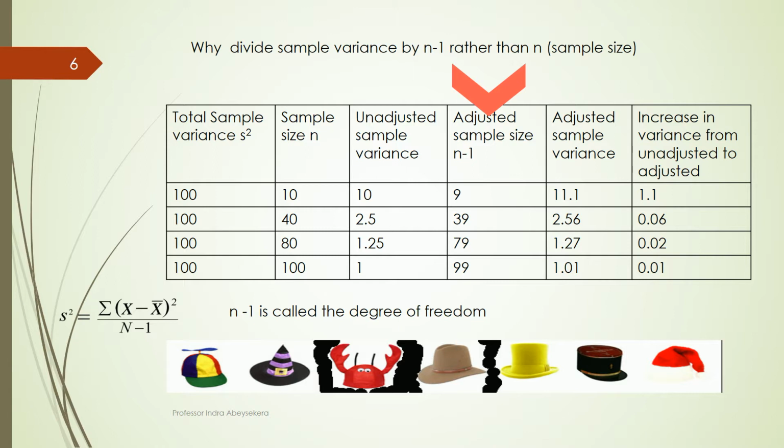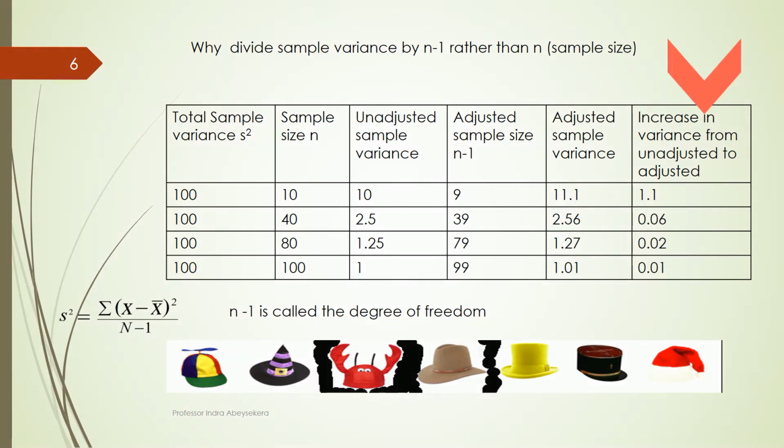Now let's look at the adjusted sample variance by dividing the total sample variance by the adjusted sample size. Now that we have got unadjusted sample variance and adjusted sample variance, let's look at the difference between the two.